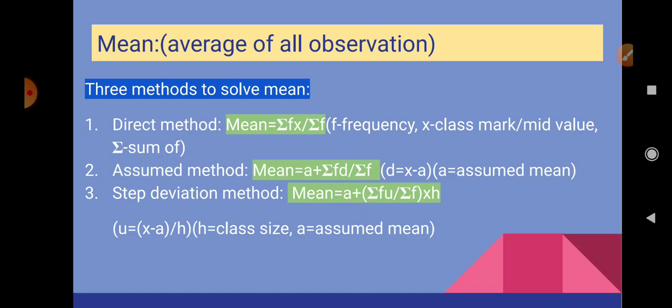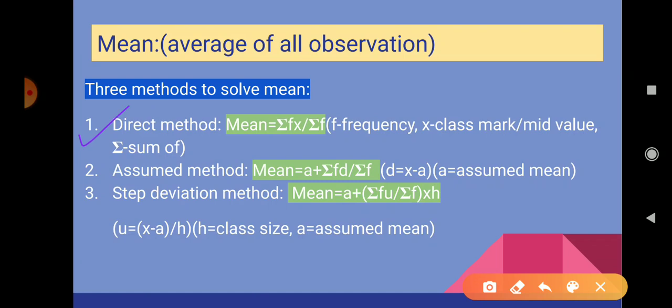But my suggestion is, if the class intervals are few, like 0 to 2, 2 to 4, 4 to 6, 6 to 8, with less than 50, choose the direct method.